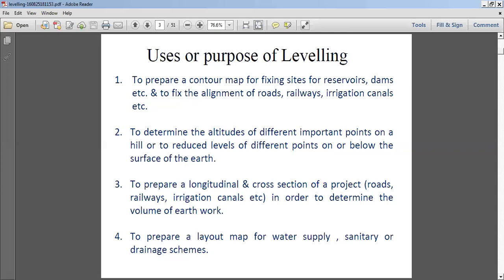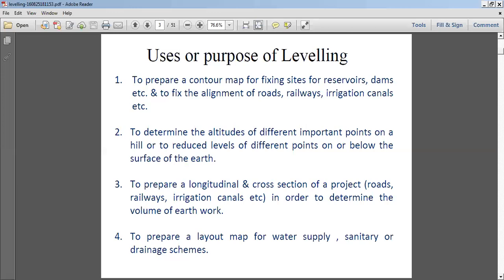From this, we can also find an approximate analysis of the budget, or you can say the material quantity which will be used for that project.